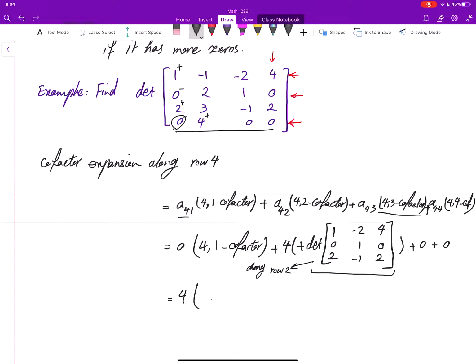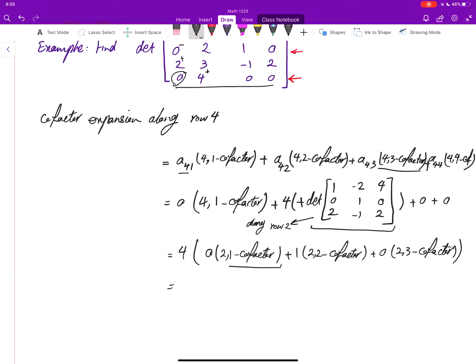So it will be 0 times the 21 cofactor, plus 1 times the 22 cofactor, and 0 times the 23 cofactor. Then add these guys. That's the determinant. Now the first guy is 0, it doesn't matter what the 21 cofactor is. The third one is 0.